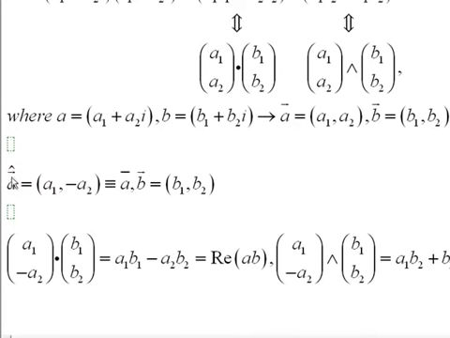This caret above this vector A here indicates that it's reflected across the real axis.